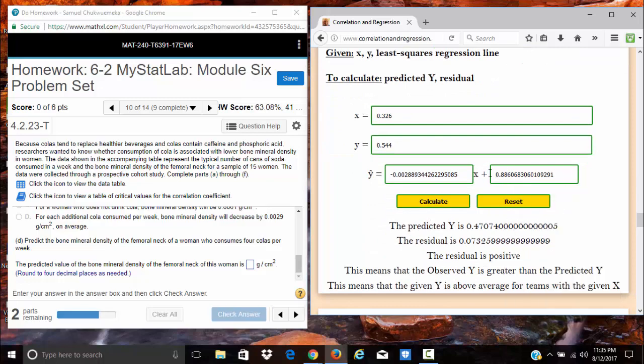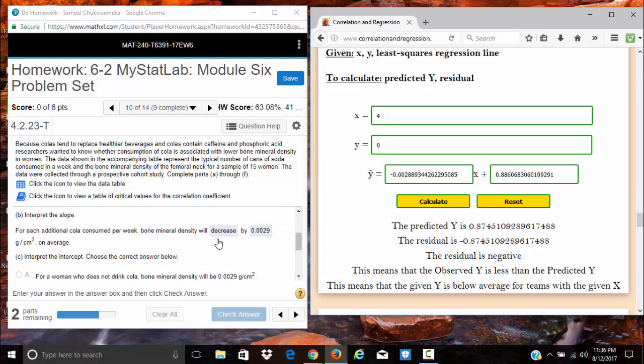So this is the least squares regression line right here, and our x is 4 colas per week. I know they didn't give us the y. That's fine. If you click calculate, they want you to put something here, just put 0, it doesn't matter. Or you can just do it with your own calculator.